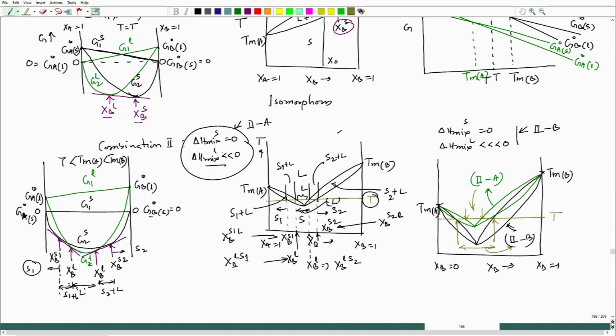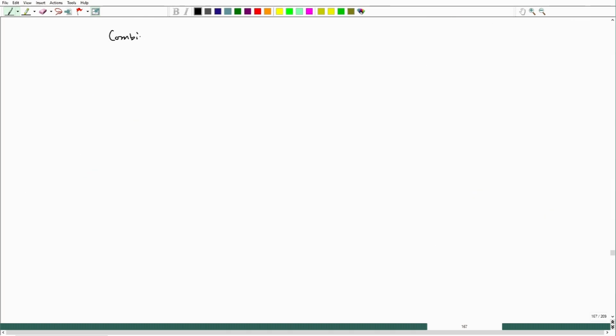Now, we will be seeing combination 3. So, combination 3 says delta H mix for solid is less than 0 and delta H mix for liquid equal to 0. And here the reference temperature free energy for the pure metal is the same as before.